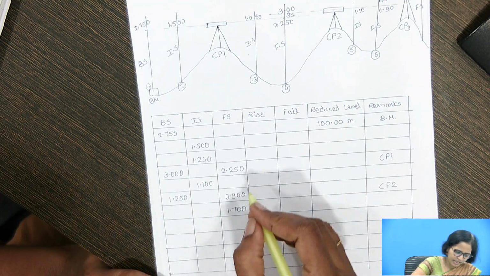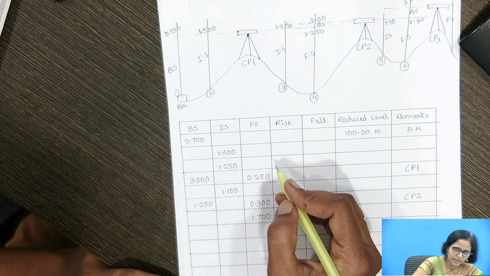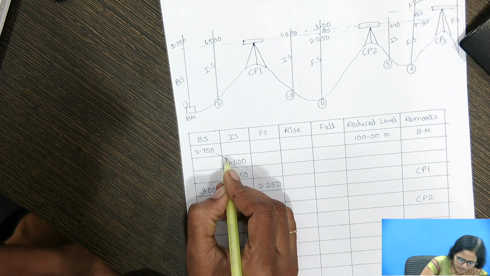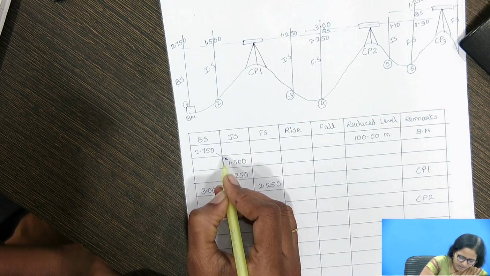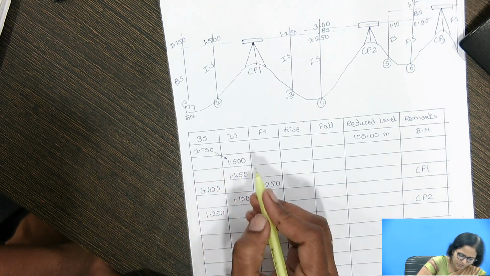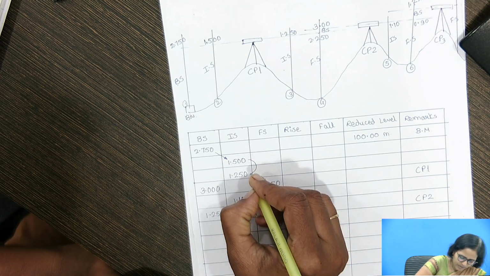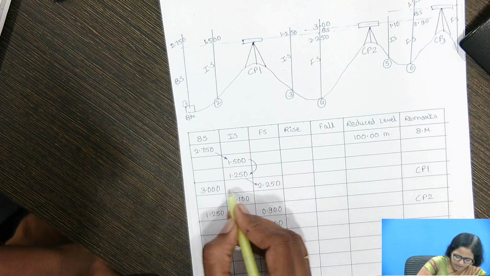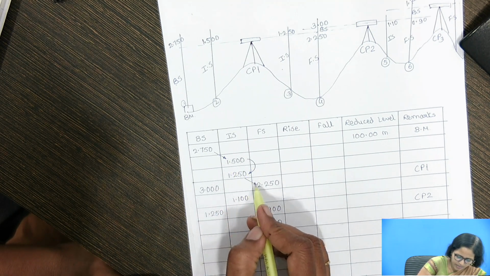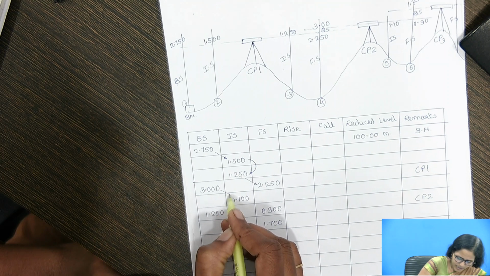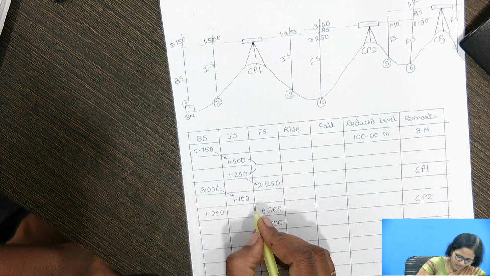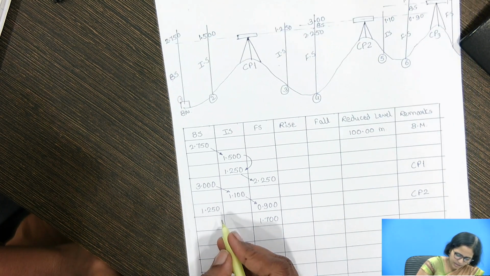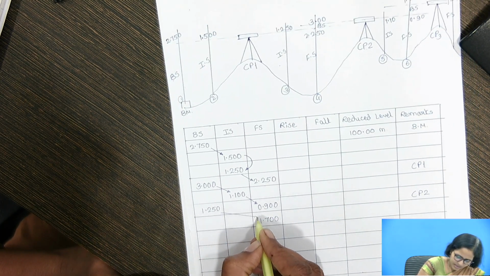So now let us see how you are going to do the calculations by rise and fall. So always the previous reading minus the next reading. 2.750 minus 1.5. So likewise just have a look over here. The previous work has ended over here. So again take the next one, FS. So next BS minus FS.